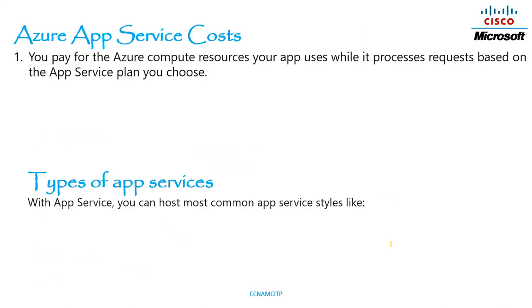So guys, you pay for the Azure compute resources your app uses while it processes requests, based on the App Service plan you choose. Very simple. It totally depends on your choice, what kind of plan you have taken, and what resources your apps are using. Very simple. You do not need to pay extra here.